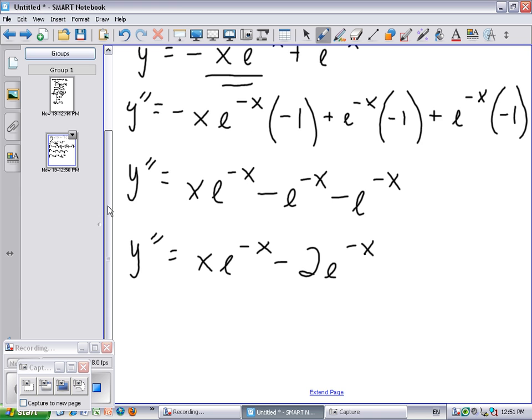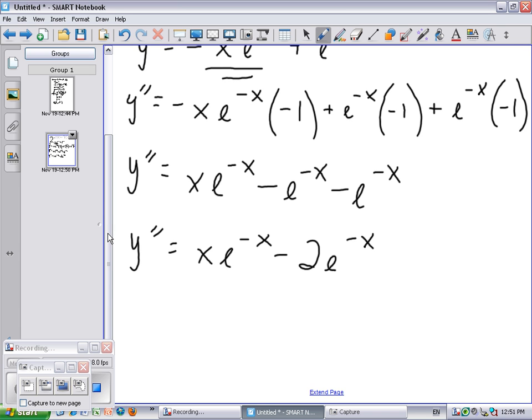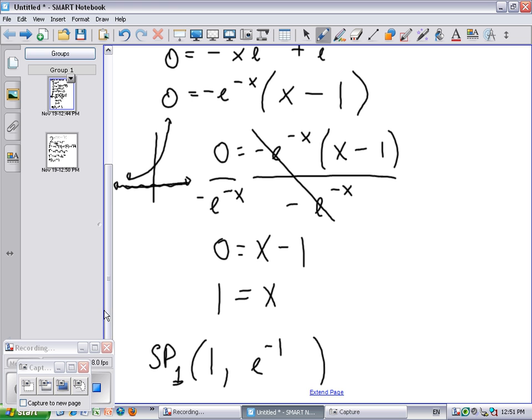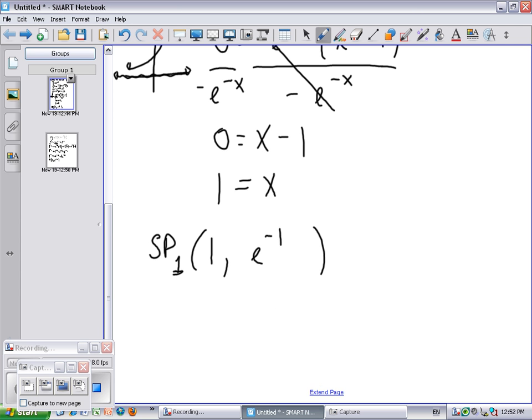So the SP from the previous page was 1 comma e to the negative 1. So let's double check that. That's right, I think. Yeah, that's right. So the second derivative would be f double prime at that input of 1.